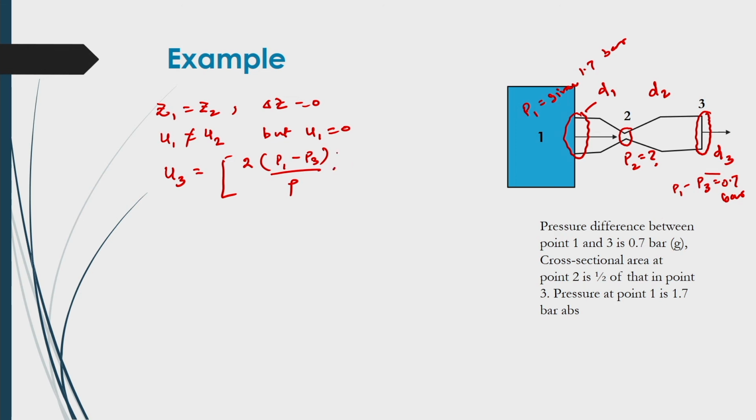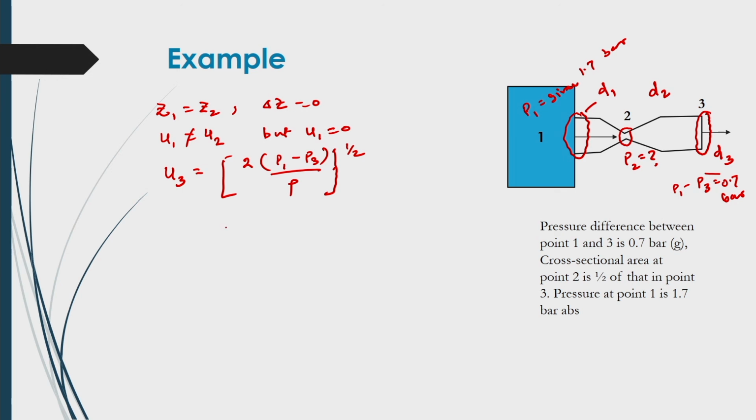If we apply Bernoulli's equation between point 1 and point 3, delta z will be equal to 0, u3 can be calculated from the pressure difference, and u1 is 0. So, u3 can be calculated even though the cross sectional areas at points 1 and 3 are not the same.